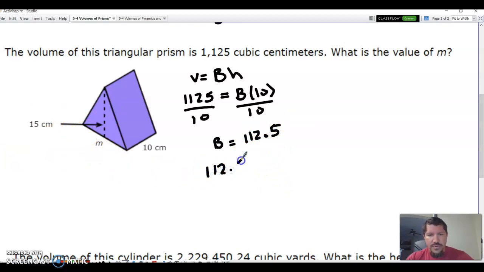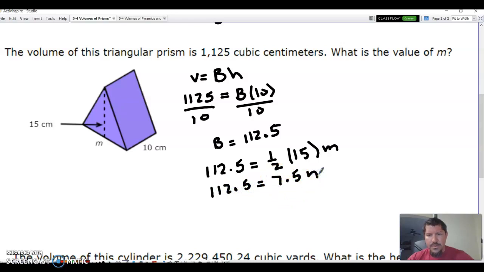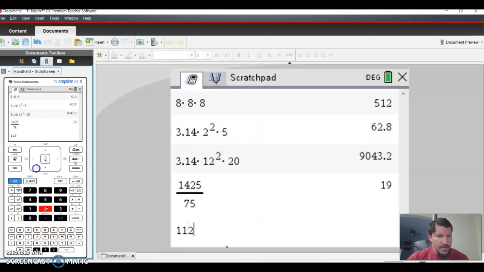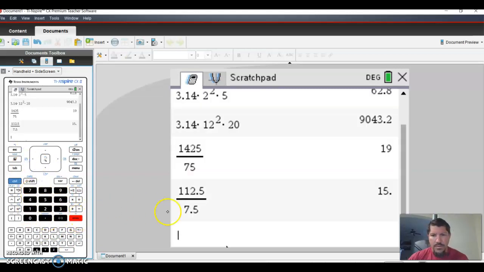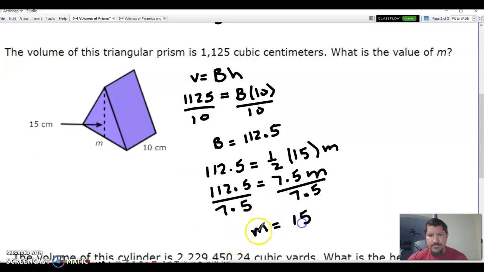So 112.5 is equal to half of 15 times m. Okay, so half of 15 is 7.5. Now I can divide by 7.5 on both sides. And m is going to be 15 centimeters.